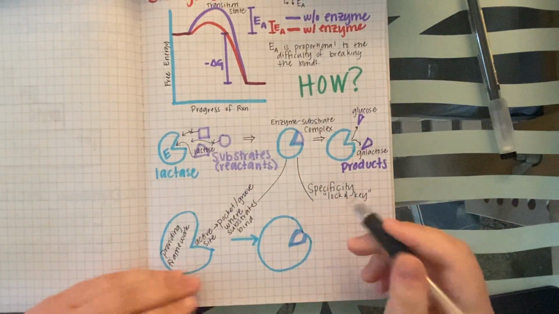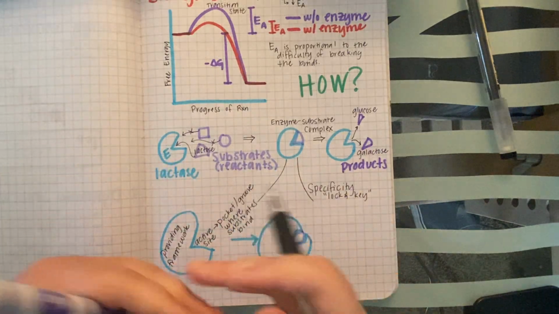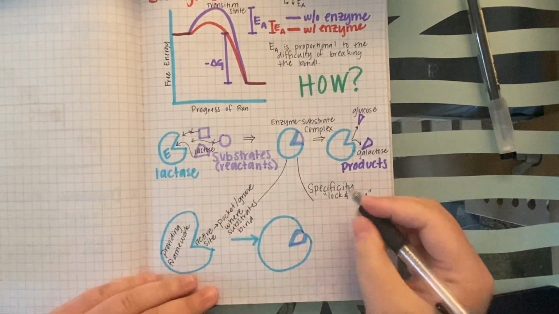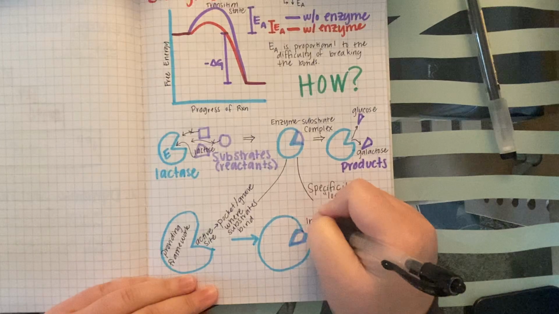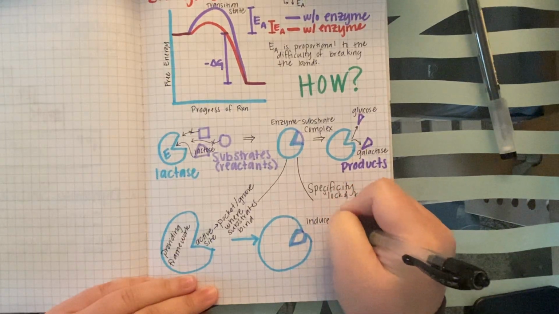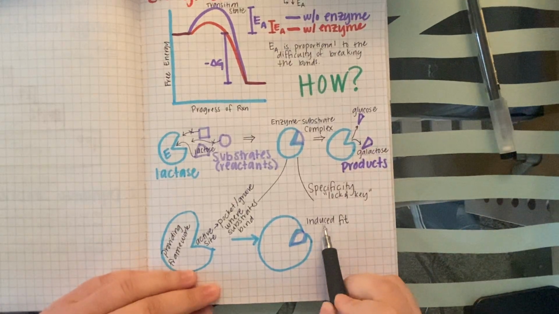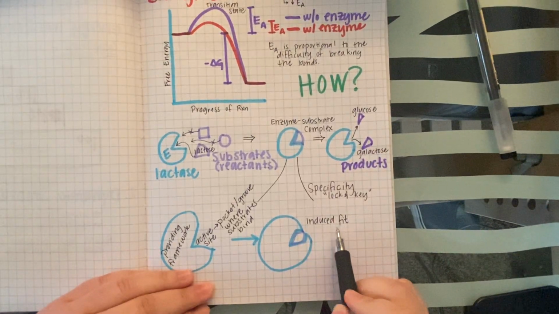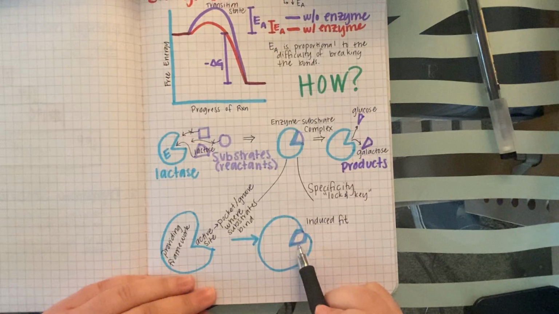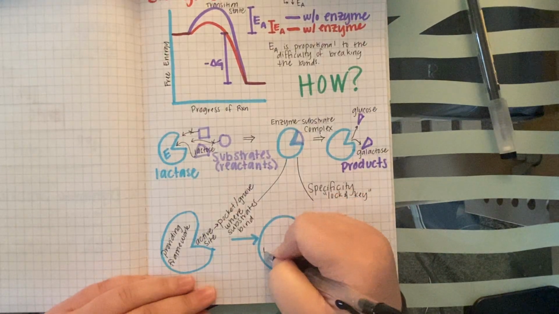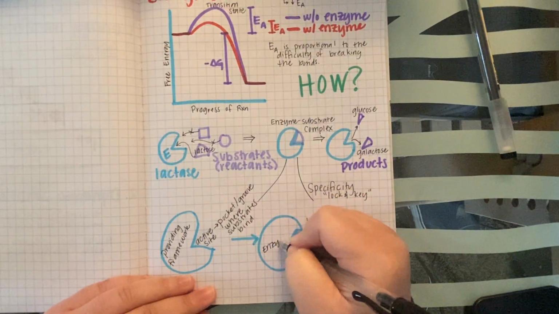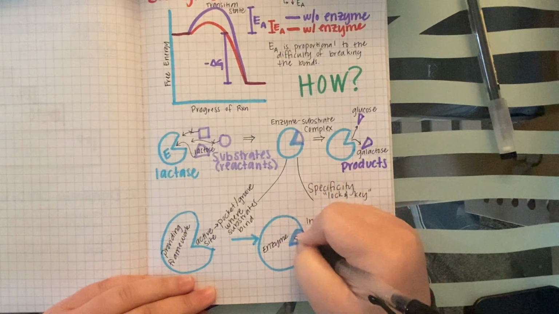This phenomenon where the enzyme changes shape to surround and engulf the substrate is called induced fit, where the enzyme and substrate are induced or caused to fit with each other because they bind with each other. So we have our enzyme here, and then you have your substrate here.